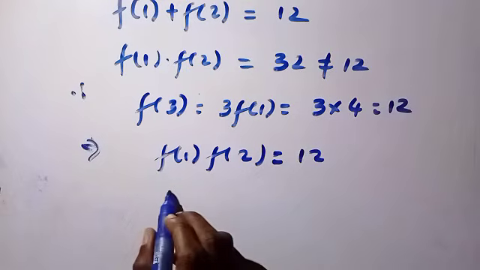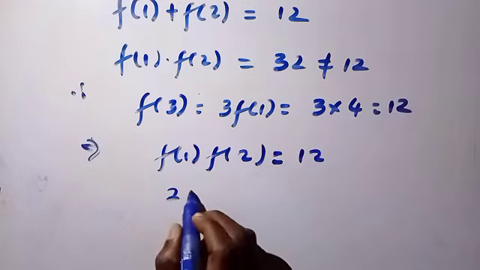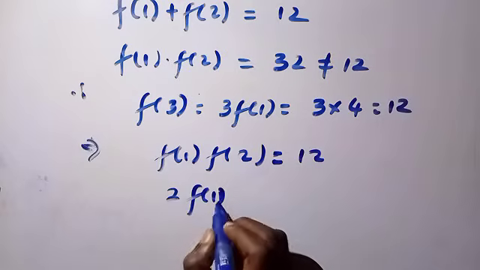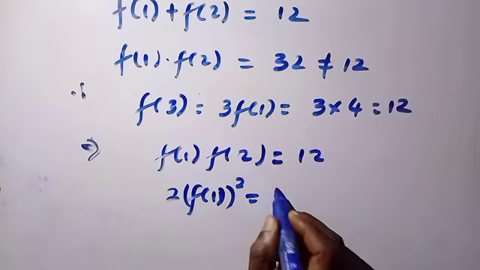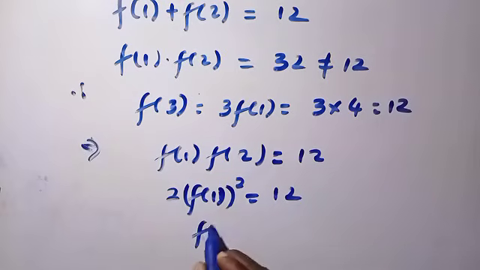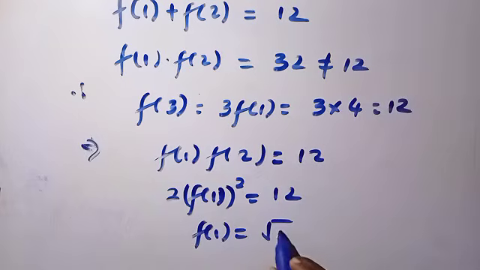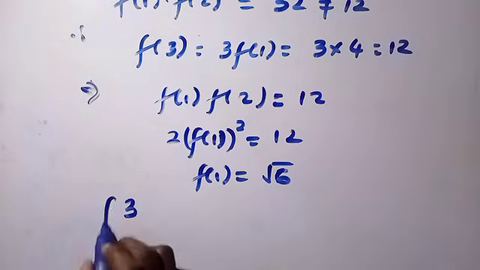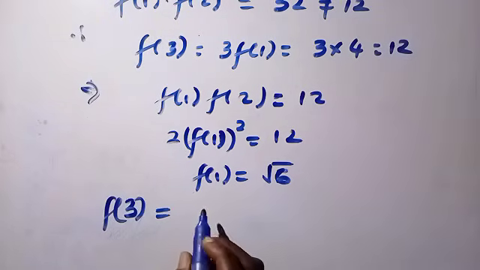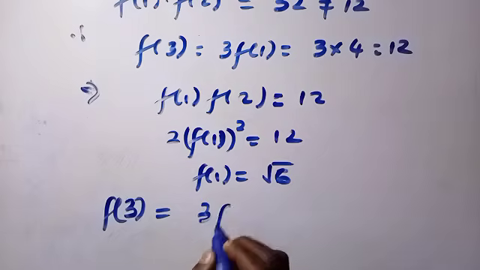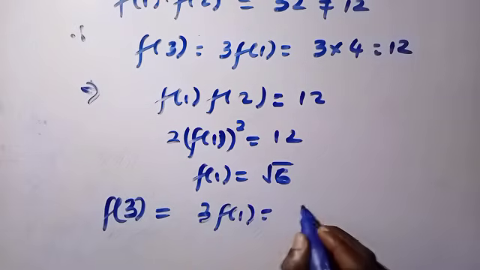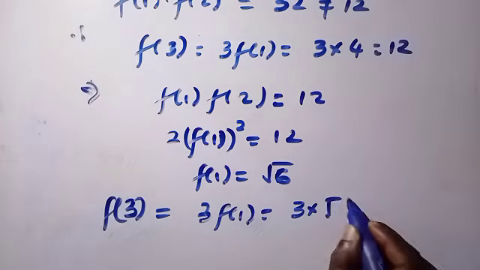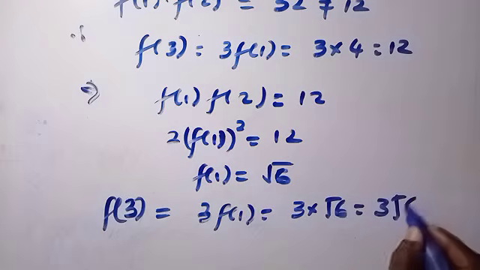The whole of this thing gives us 2 f of 1 all raised to power of 2, so this equals 12. And we have f of 1 here equals, if you divide both sides by 2, square root of 6. So therefore, for every f of 3, this equals 3 f of 1. And 3 f of 1 is 3 multiplied by square root of 6, so this equals 3 root 6.